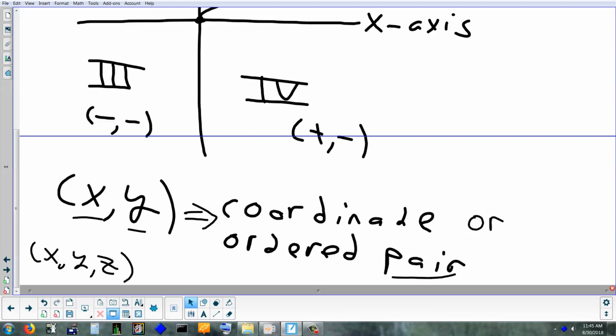Does anybody know what you would call x comma y comma z? Yes, it's an ordered triple. Okay, so ordered triple. So if you say, oh, I have a coordinate, that's pretty vague. It could be 2D, could be 3D, could be 4D. But if you say I have an ordered pair, I know, okay, you're talking x, y.